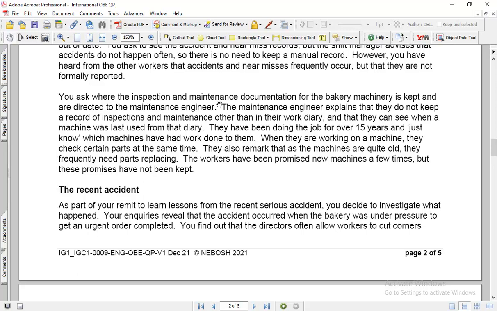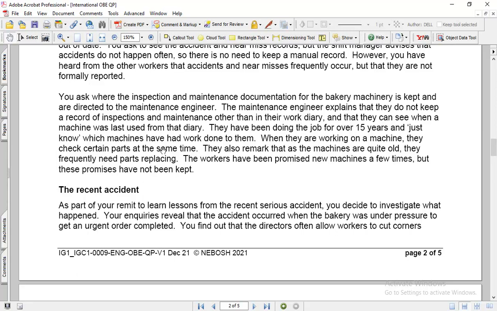So you ask about the inspection and maintenance documentation from the shift manager, and he tells you to check with the maintenance engineer. The maintenance engineer says that there is no record for inspection or maintenance. It's another negative indicator of health and safety culture. There is no inspection and maintenance record, only a diary from which they can see when a machine was last used.